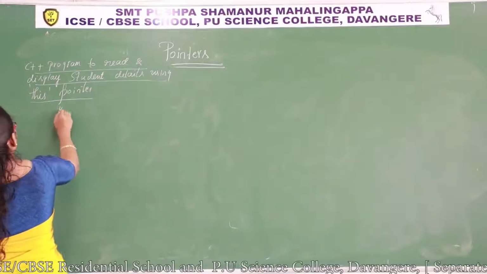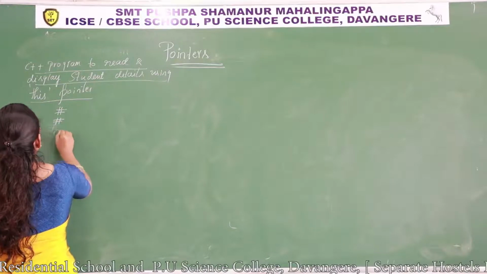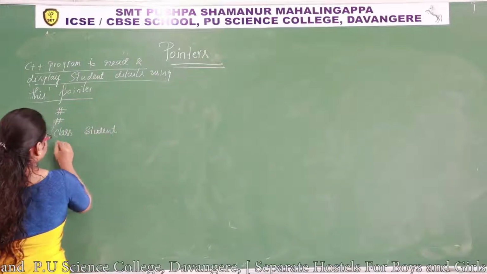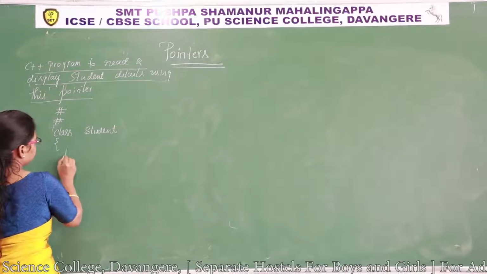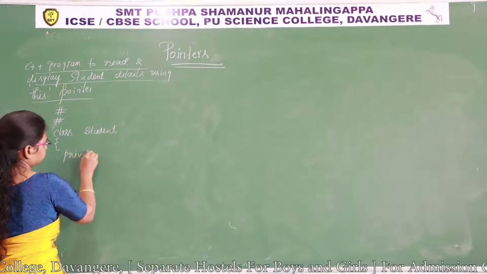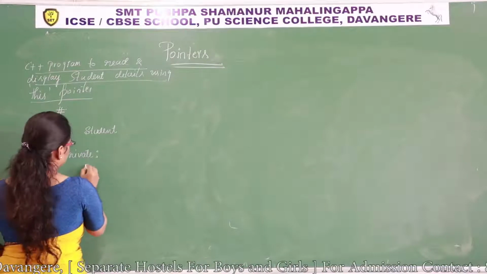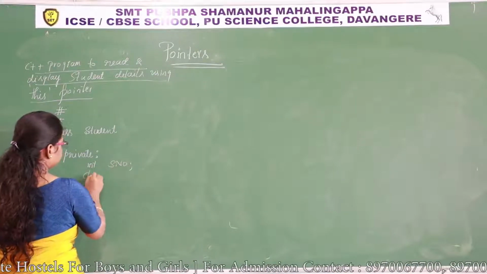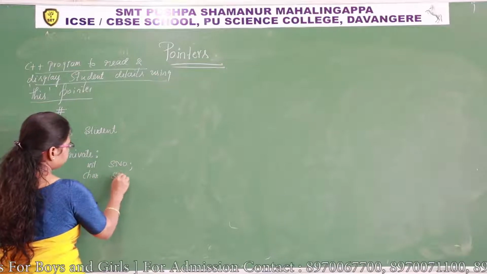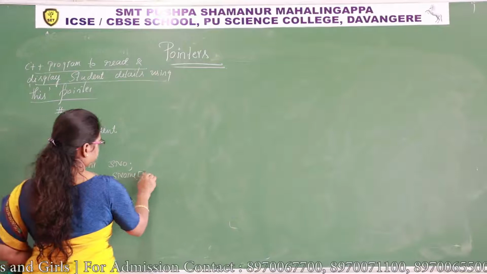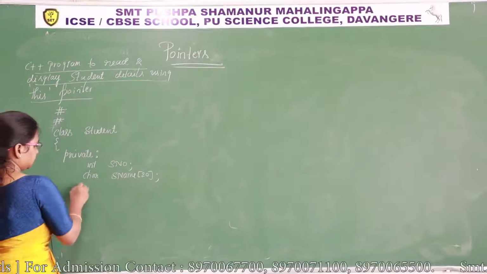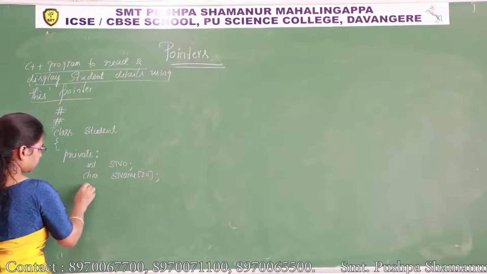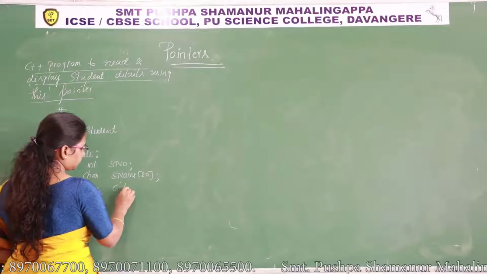Now let us consider a class student. I'll take data members like this in the private section: int student number, char student name, then char city.